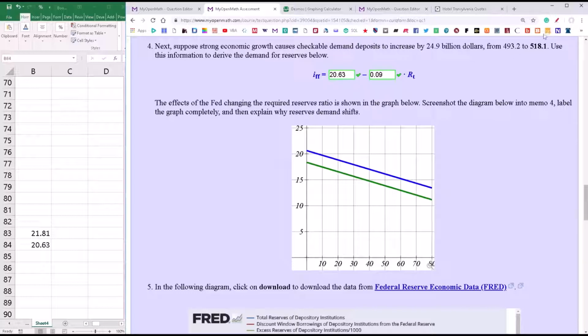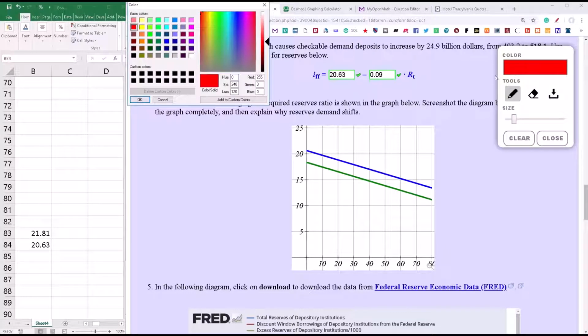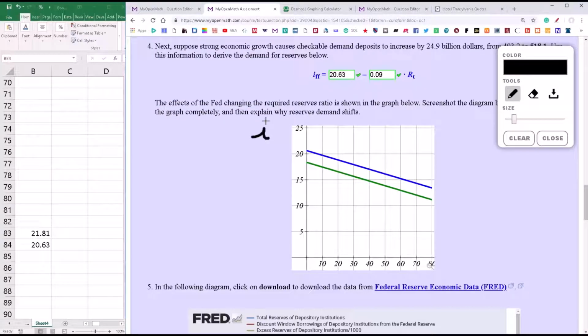One last thing, let's label one of these graphs. Let me give you an example of what I'm looking for. The federal funds rate is the price of reserves, bank reserves. R is the total amount of reserves.